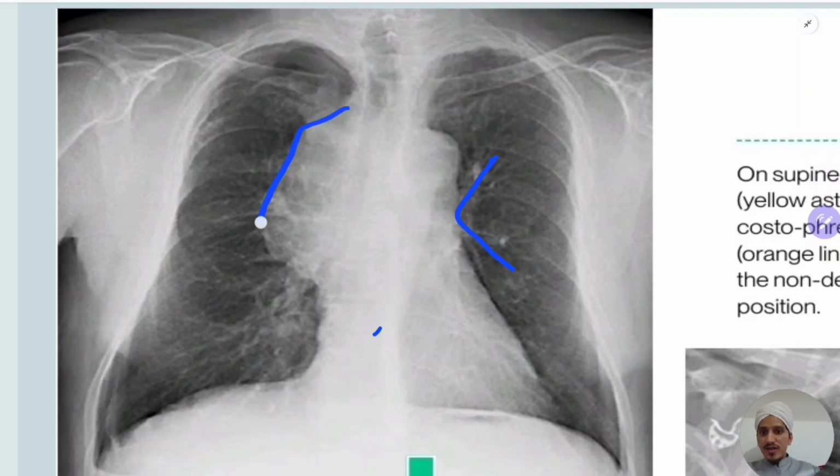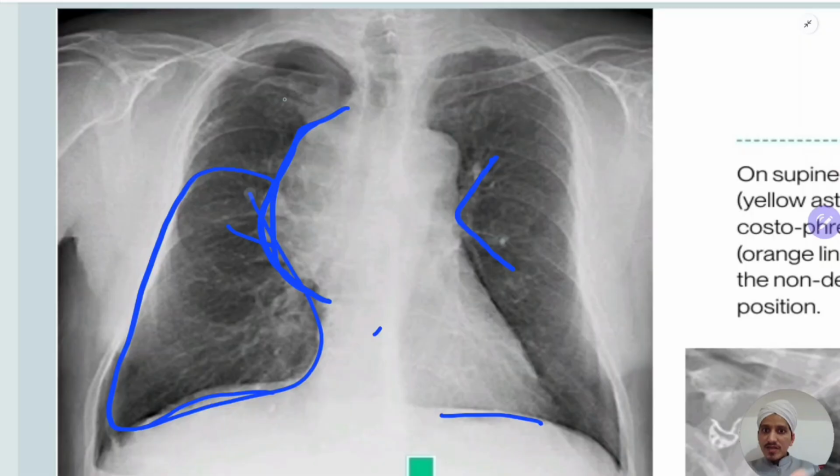This is the pleural line here, and the domes of the diaphragm. Here you are able to make out bronchovascular markings, but here you are not able to make out bronchovascular markings. Let's see what it is.